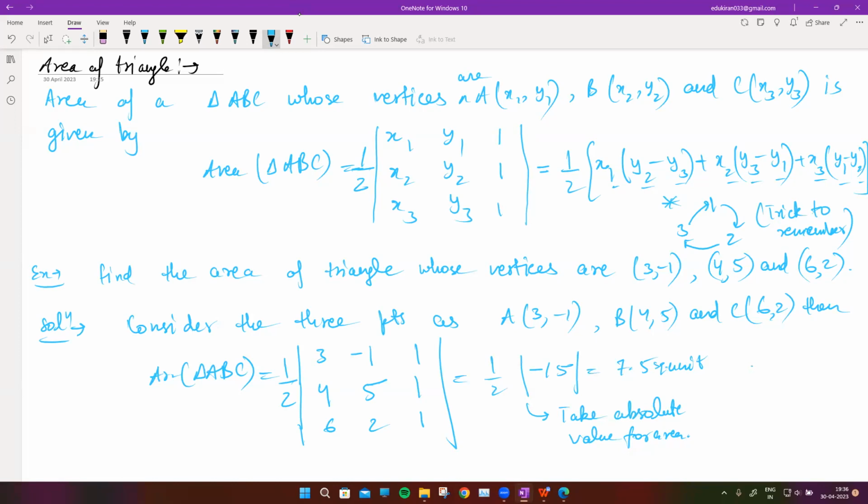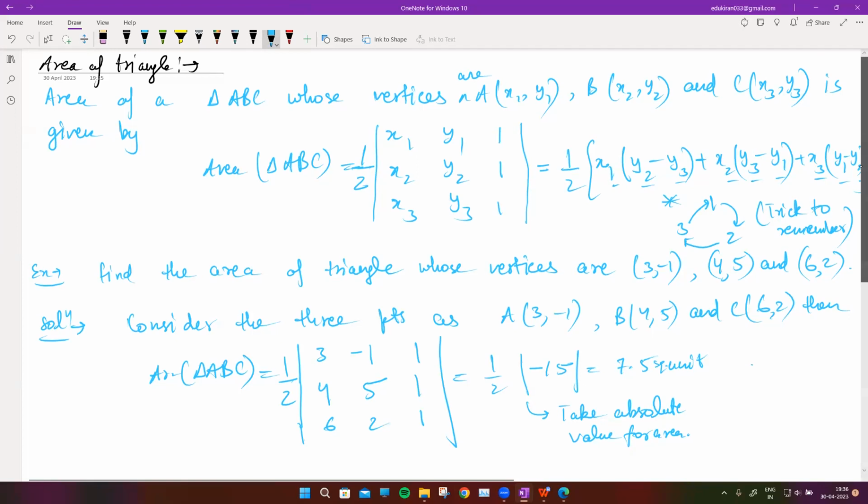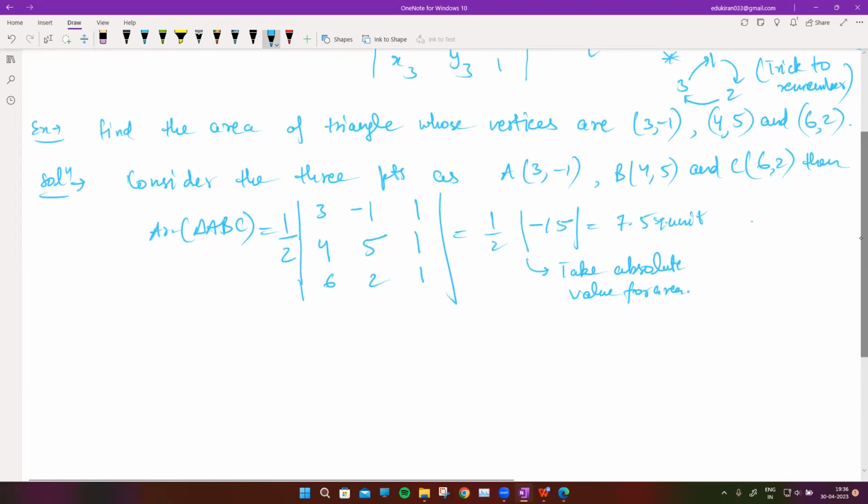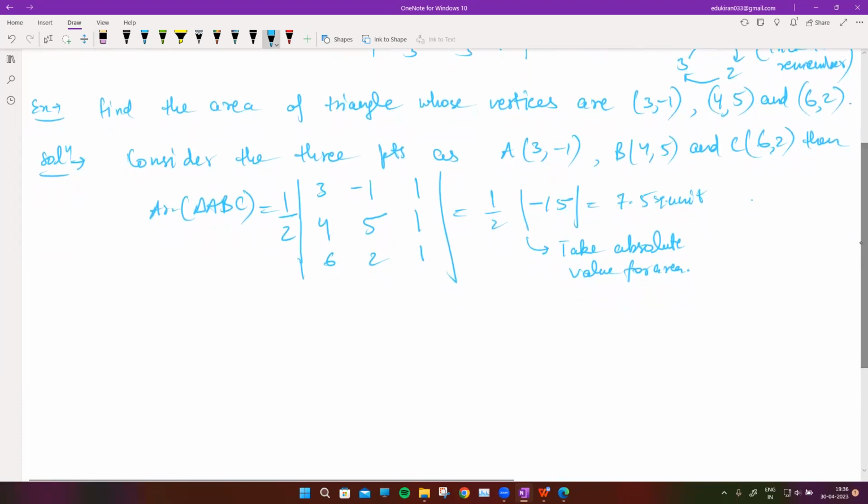But obviously, we will not be asked this easy question. So we need to understand how we can apply this area of a triangle in solving problems. So let's first make some notes.